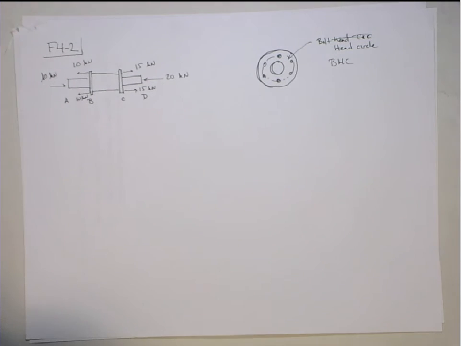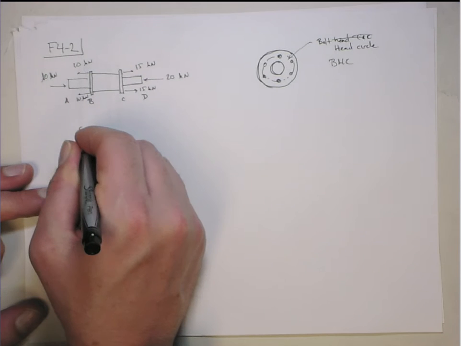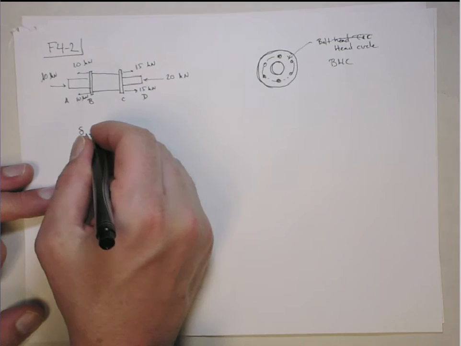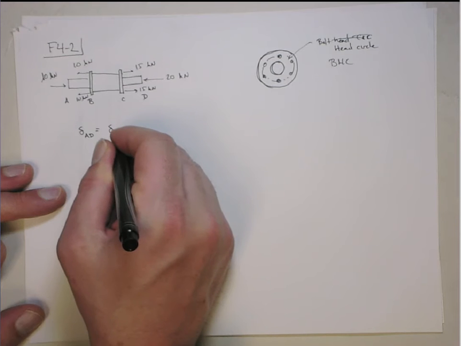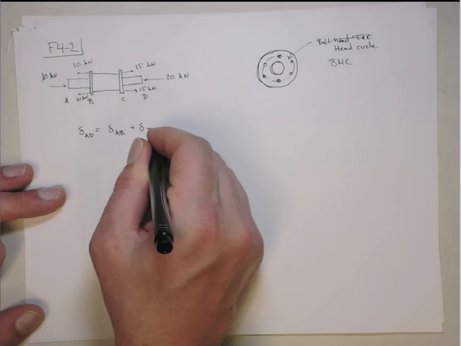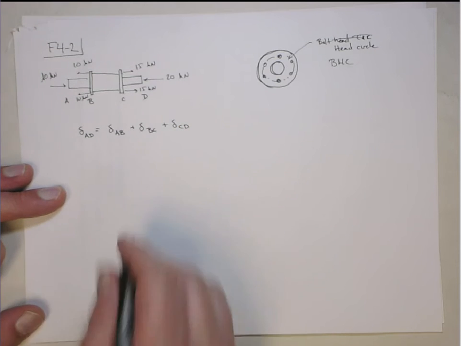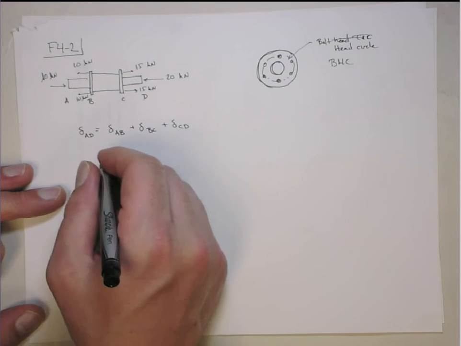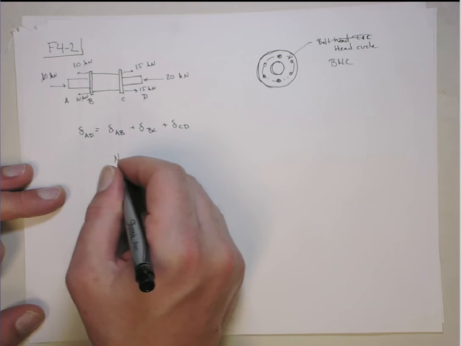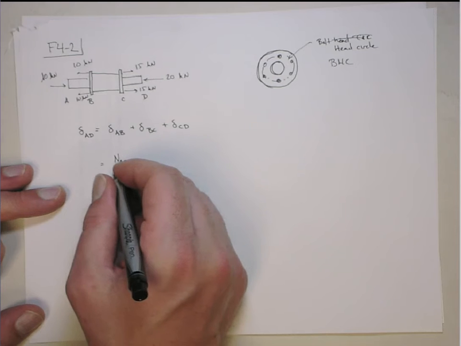So again, in this problem, we're going to break it up and get the elongation from A to D, which is equal to the elongation of section AB plus the elongation of section BC plus the elongation of section CD. We're all going to use this PL over AE, so I'm going to use NAB.